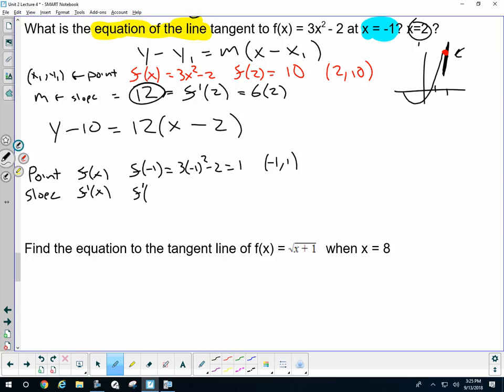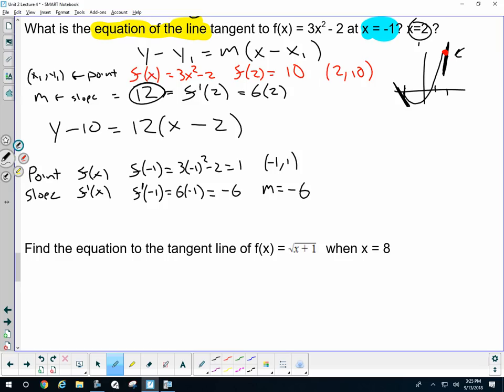Not 12. Think about here at negative 1. When we're over here, the slope we see is negative.